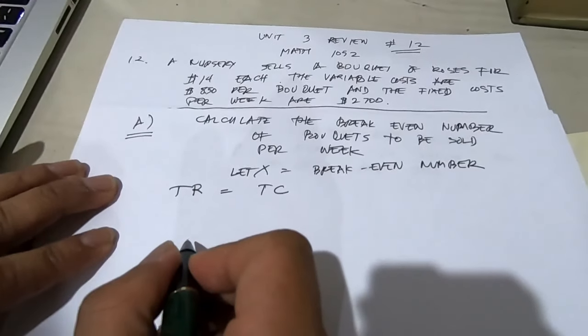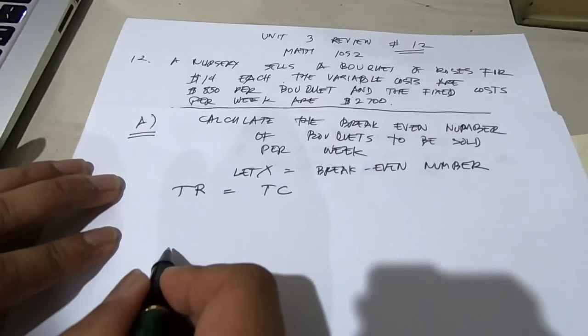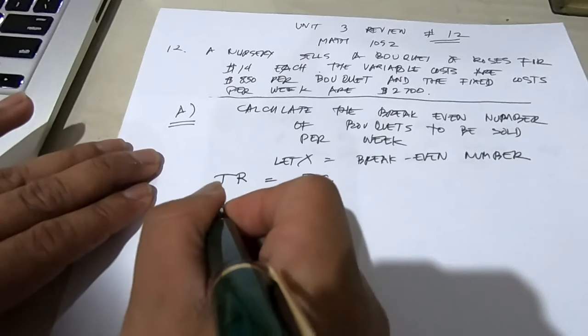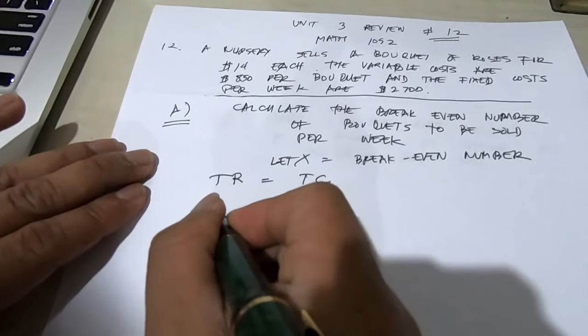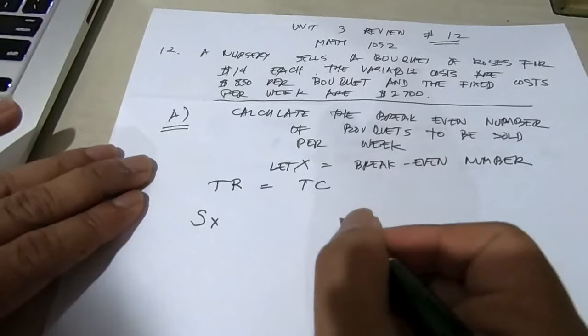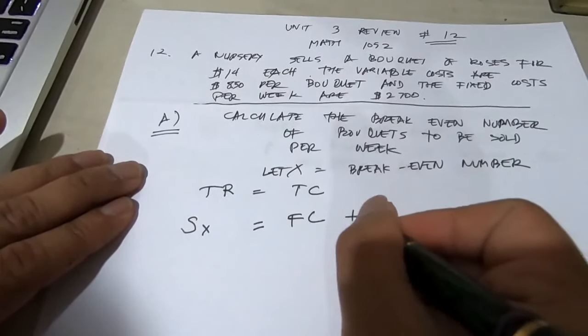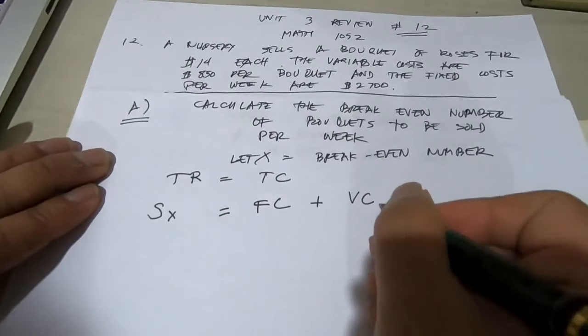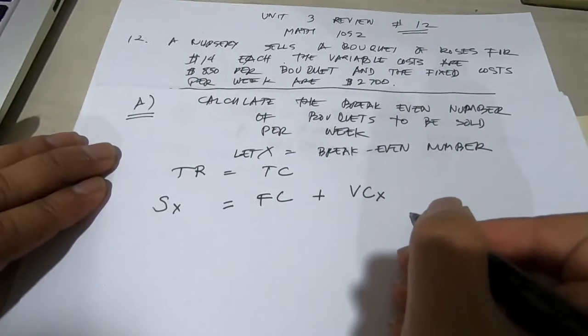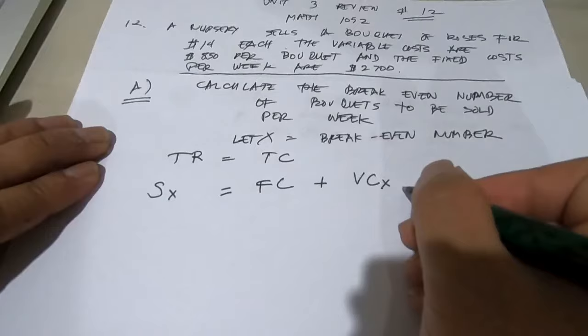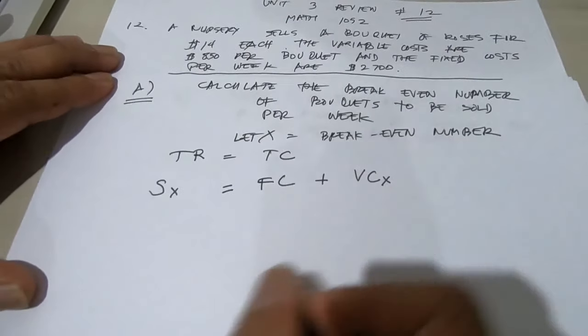And the specifics of this equation are as follows. Selling price multiplied by X, which is the break-even number, equals fixed costs plus variable costs multiplied by the break-even number. So this is the formula you have to keep in mind.